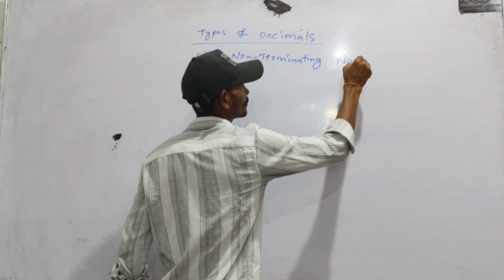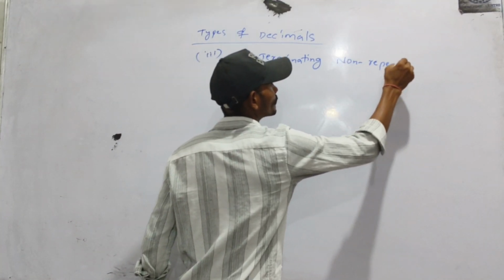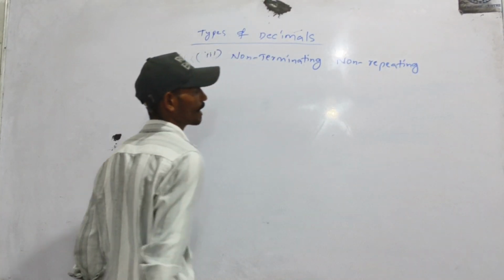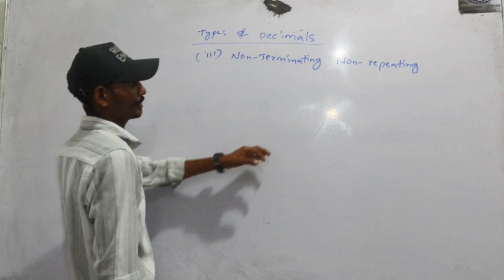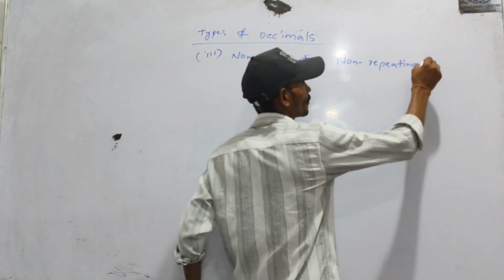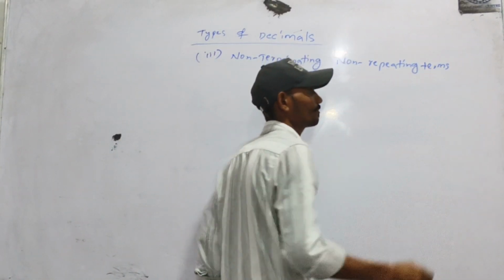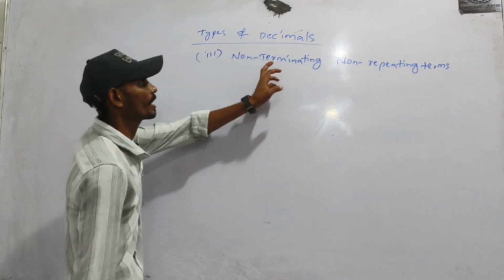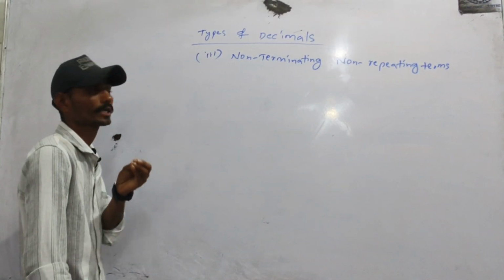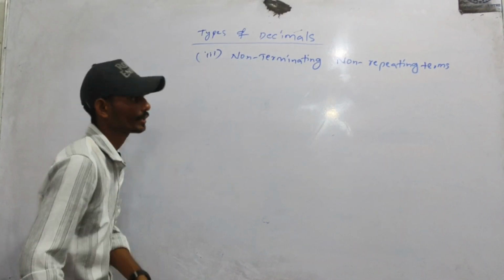Okay, next concept is non terminating and non repeating. Repeating terms always means the coefficient, and terminating or non terminating always means the remainder.